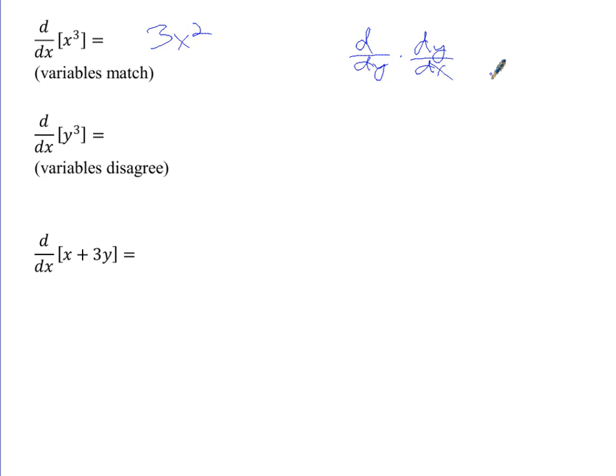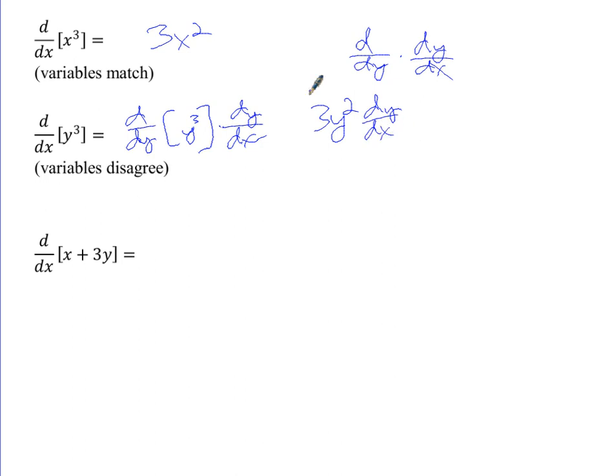So I can rewrite this as the derivative with respect to y of y to the third times dy over dx. Once I've done that, now I can take the derivative of this thing with respect to y, which is what? 3y squared. And then I got to multiply on the dy over dx, and that's it.